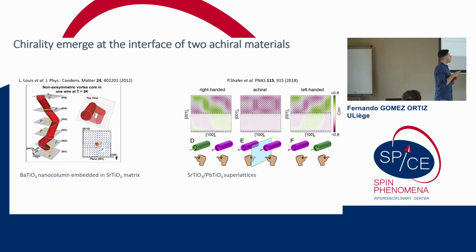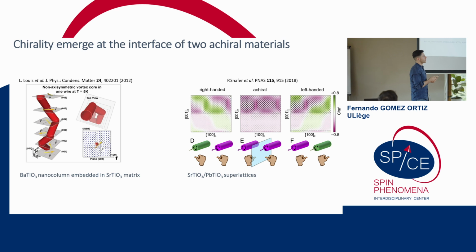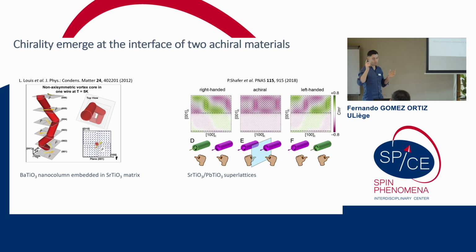So if we have one vortex that is rotating clockwise, and we have an out-of-plane component that is going this way, this will be right-handed. If the other way around, it will be left-handed. And if the two vortices, the one rotating clockwise and the one rotating counterclockwise, have the same axial component, then the handedness of one vortex tube will cancel out the handedness of the other vortex tube. So as I said, this has been known for a long time.